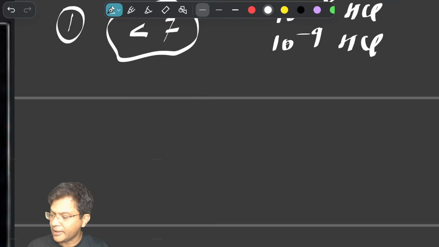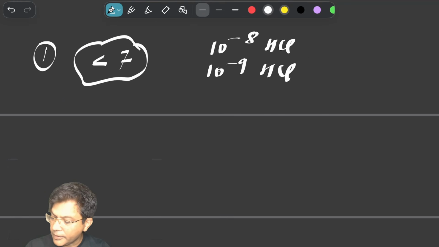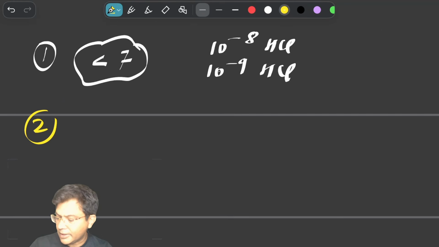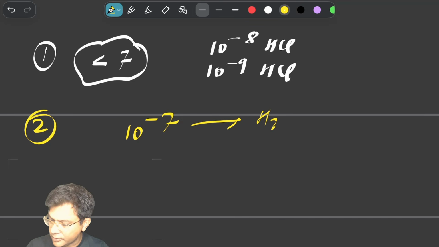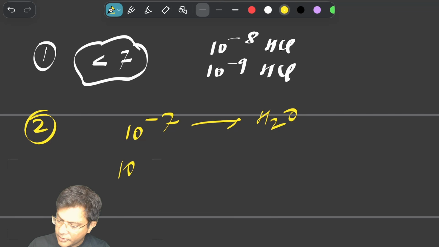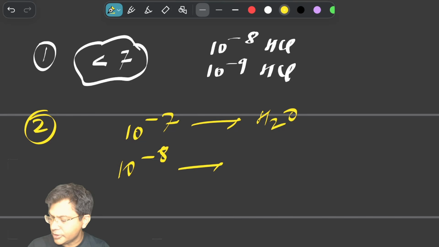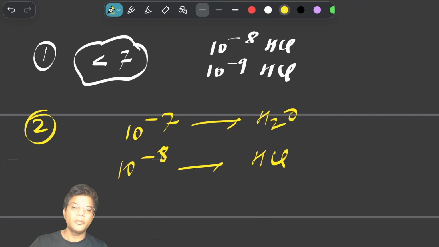And if you want to solve it properly, water says, hey, my H plus contribution is more. I am contributing 10 raised to power minus 7, and you are contributing just 10 raised to power minus 8, even lesser than my contribution.